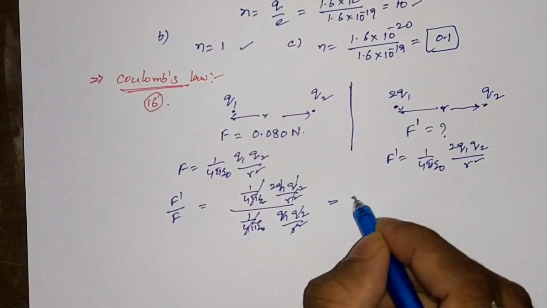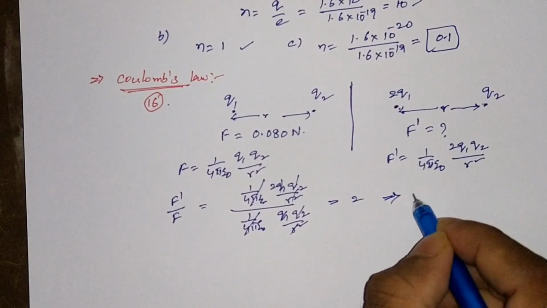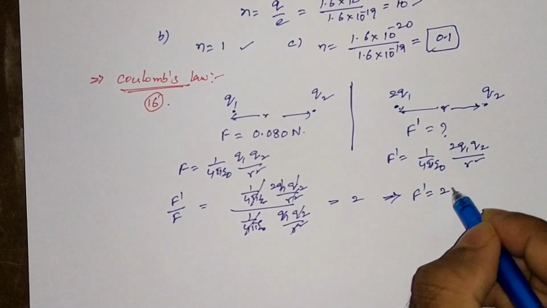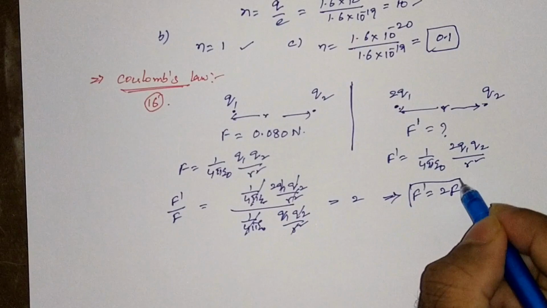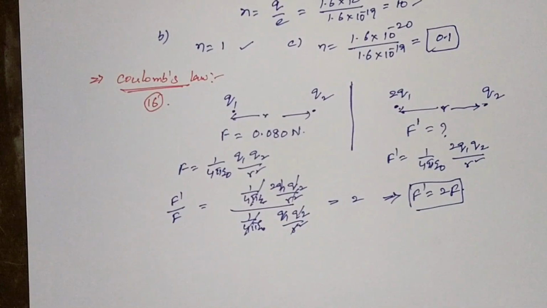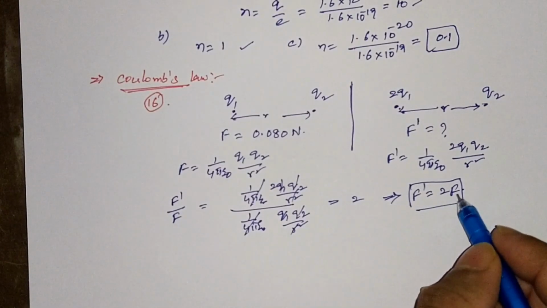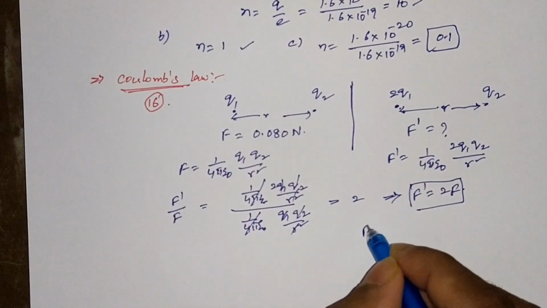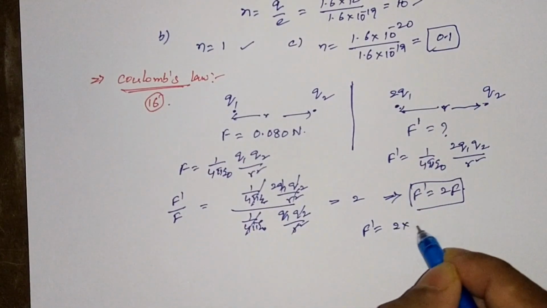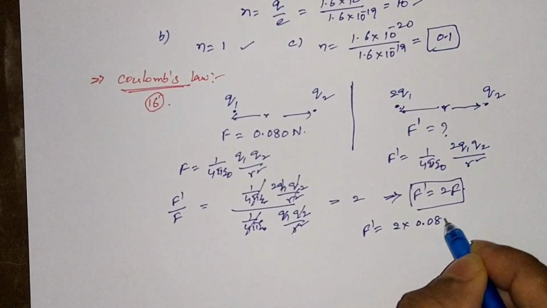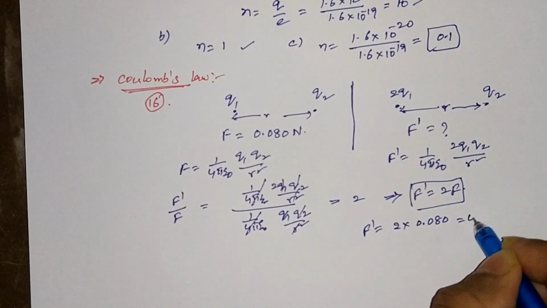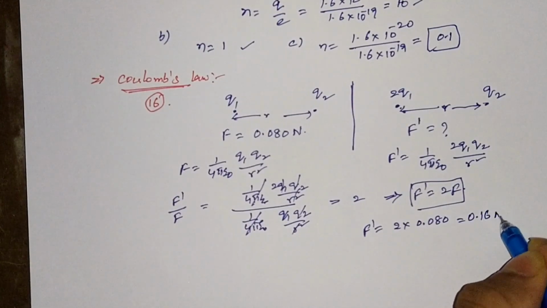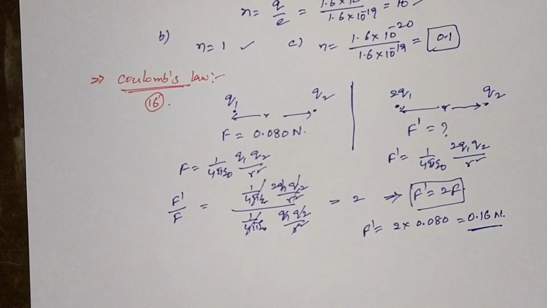So what is the answer? 2. That means F dash is equal to 2F. This is the answer. Now F is given in the question, so F dash will be 2 into 0.080, that is 0.16 newton. That is our answer.